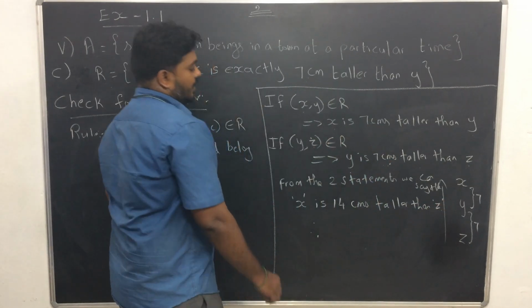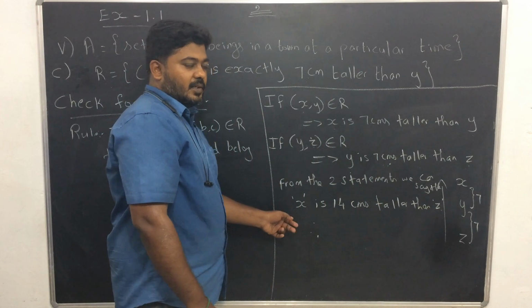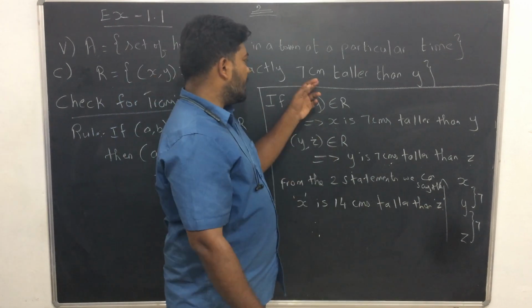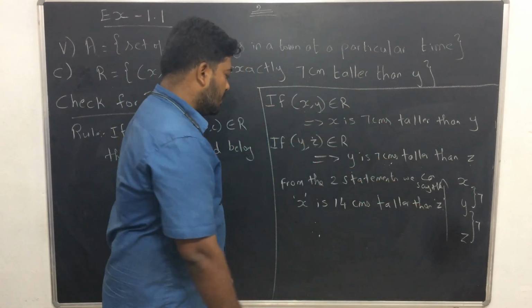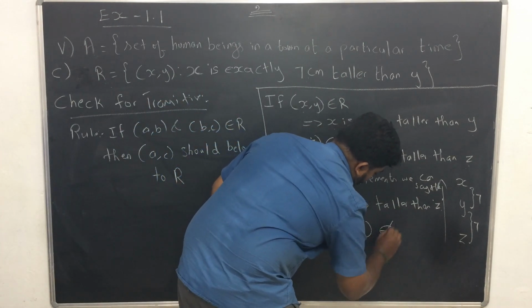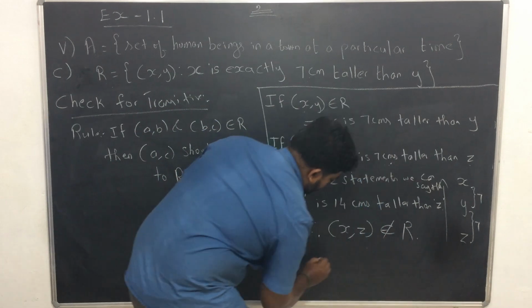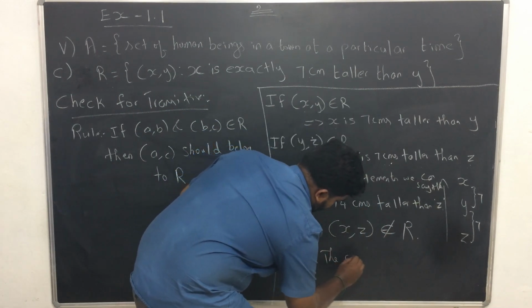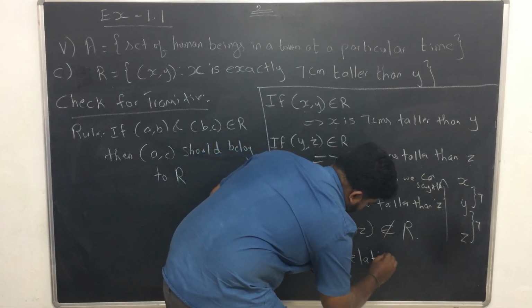Does this follow the relation? No. It has to be exactly 7 centimeters taller than z. So (x, z) does not belong to R. Therefore, the relation is not transitive.